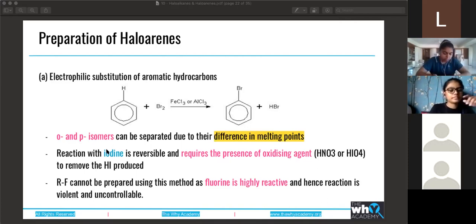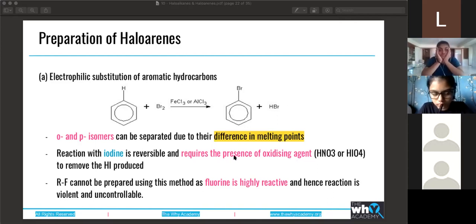Okay. So reaction with iodine is reversible. Again, HI is pretty reactive. You need to take away HI, because HI in general is pretty reactive compared to HBr or HCl. We saw that before also.